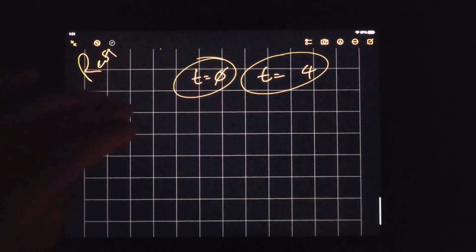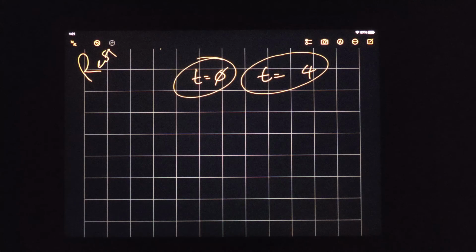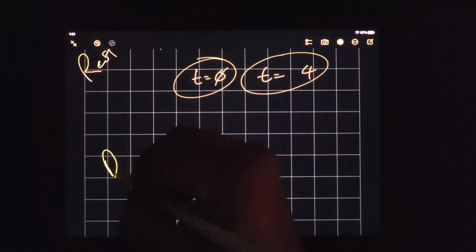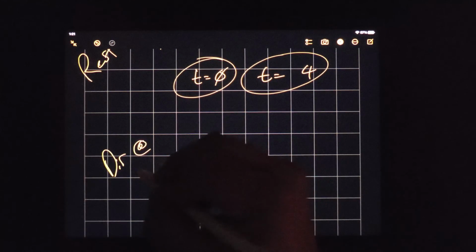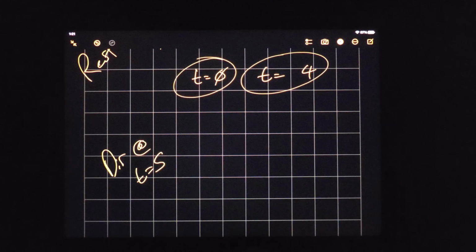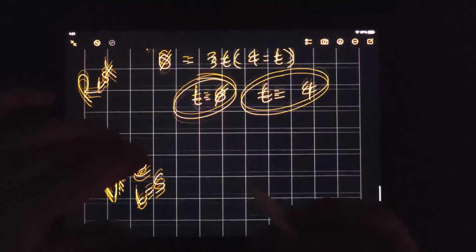You can also figure out in which direction it's moving at t equals 5. And that's easy to do. You can just look at the velocity again.